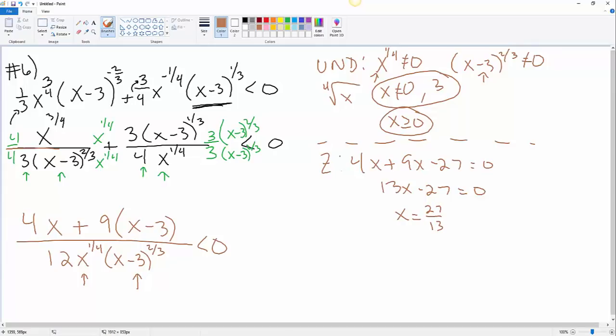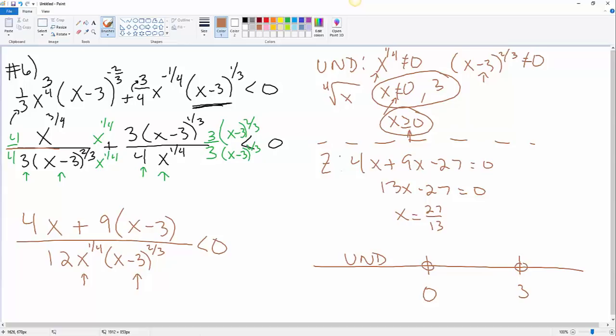So now on the number line, x can only be greater than 0. So at 0, this is all undefined. I don't have to test it. Now here it says it can equal it, but here it says it can't equal it. So open circle. I also have an open circle at 3.